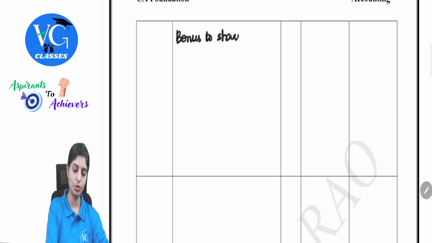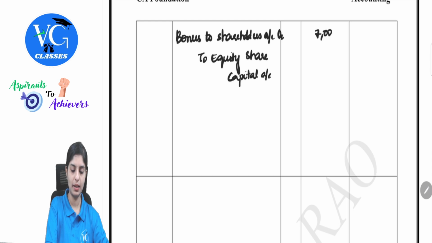Next will be issue of bonus shares. Bonus to shareholders account debit to equity share capital account. This is 7 lakh.